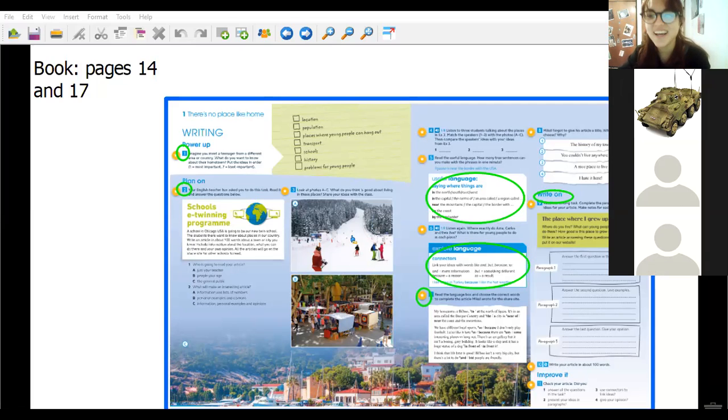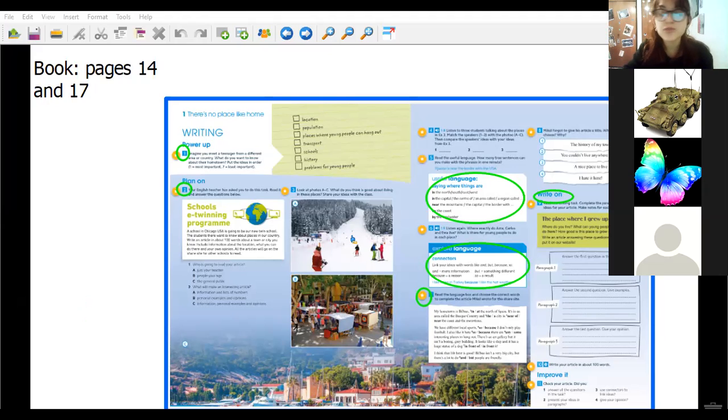Well, they're very short. They're only 100 words, so it's okay. So this is to start warming up. Do you remember last class that we covered picture descriptions and we ticked different items? We said we're going to talk about people and the actions and the places. Do you remember that? Okay, so here we're going to do the same. So we need to imagine. Imagine you meet a teenager from a different area or country, right?